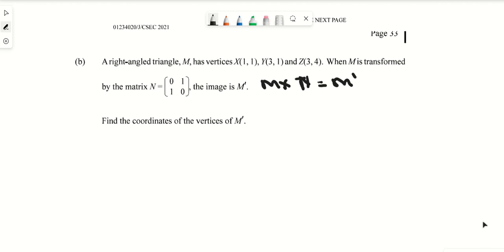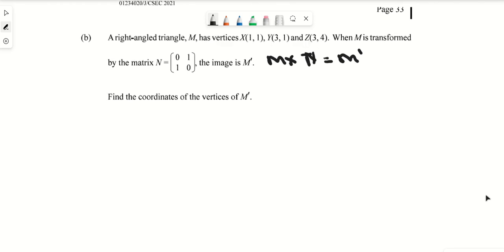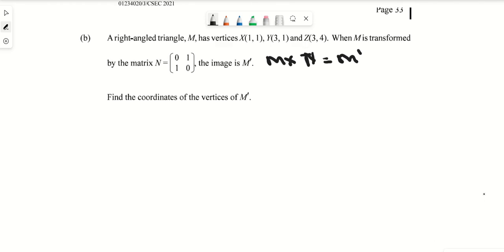Right? So what we're going to do is we're going to do this 3 times. This is going to be easy. Let's say X multiplied by N would give you your image that is found in M, right?